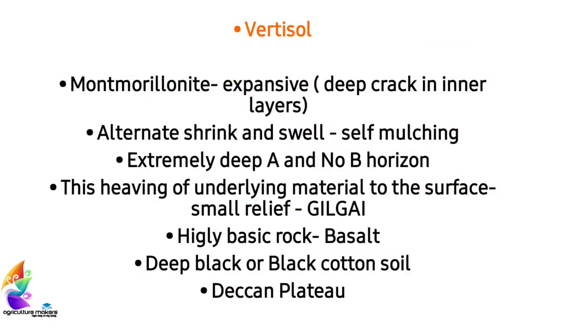Coming to the next, we are going to see the soil order vertisol. It is made up of the clay mineral named montmorillonite. This clay mineral has a property of expansion, which means it has the property of alternate shrinking and swelling.